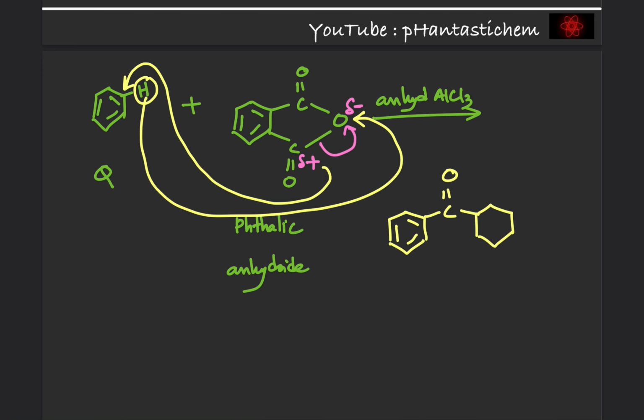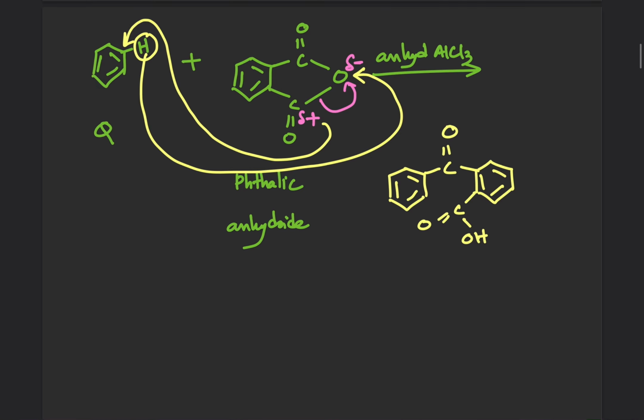Okay, and this benzene ring will be connected to this C double bond O, and there is an H in the ortho position. So therefore, I will have C double bond OH. So this is my R.